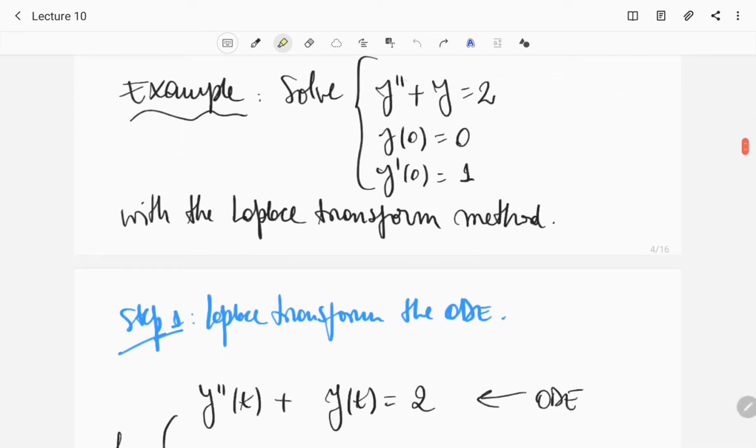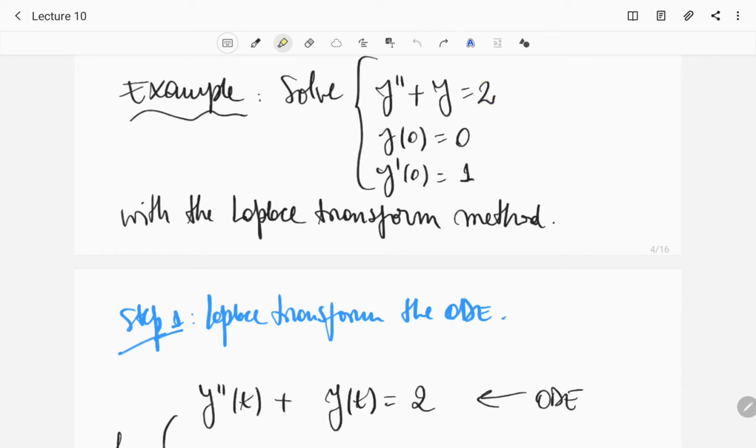We have to solve this ODE, which is a second order linear ODE with constant coefficients, non-homogeneous also, and we have these initial conditions. We have to solve this with the Laplace transform method. Of course, we know how to solve this from the beginning of the course, with the characteristic equation for the homogeneous one, a particular solution, and so on.